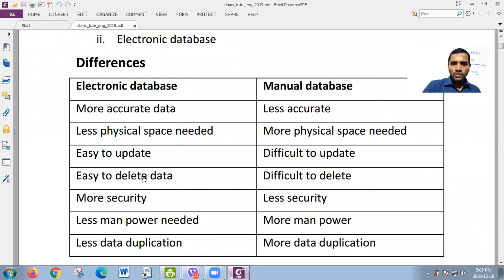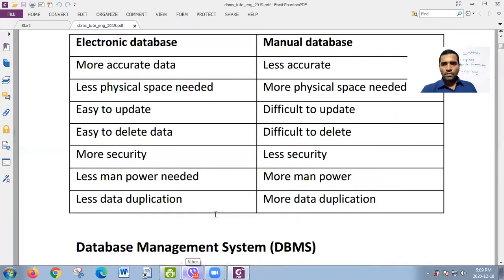Updation is easy in electronic, difficult in manual. Deletion is easy, they are difficult. More security, less security. Even manpower: in electronic databases, most of the things are done electronically, so you don't need many humans. So less manpower, versus more manpower. And data duplication can be there in manual, but it is less in electronic.